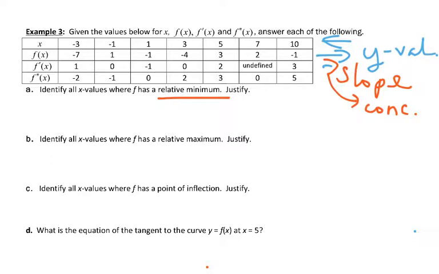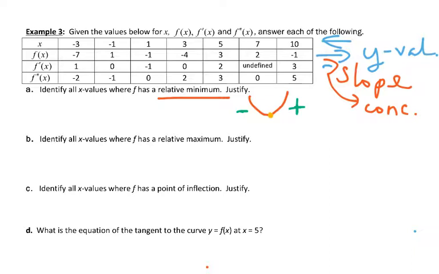Alright, relative minimum. This is when we use the first derivative. So think about minimum. This is the kind of shape when you have a minimum. So if you look at this one, right? We use slope. It's decreasing. It goes from decreasing to increasing.